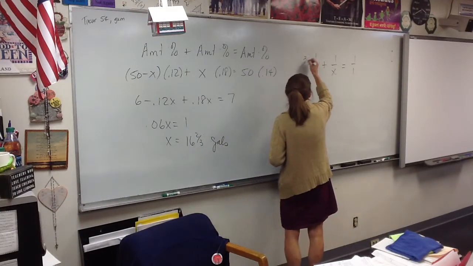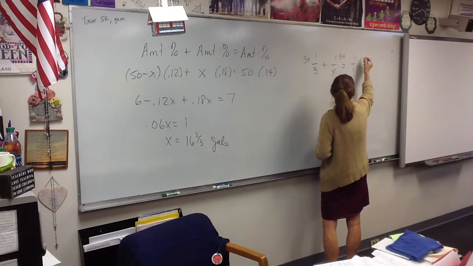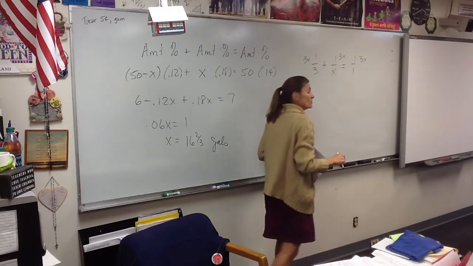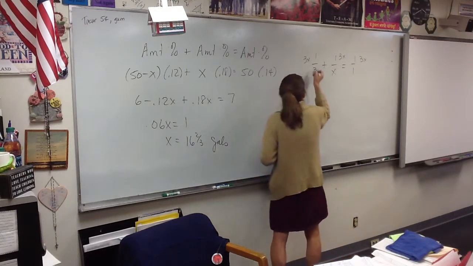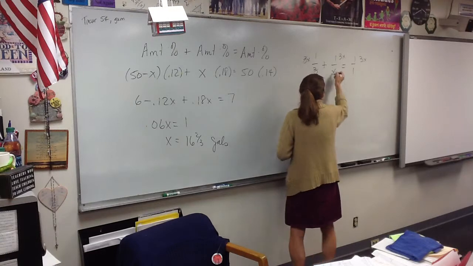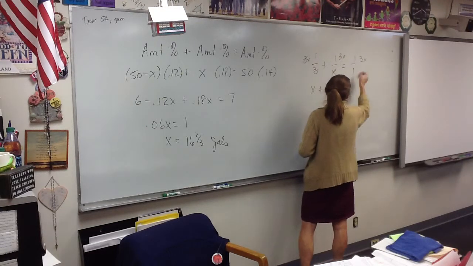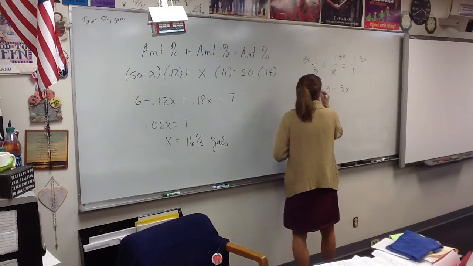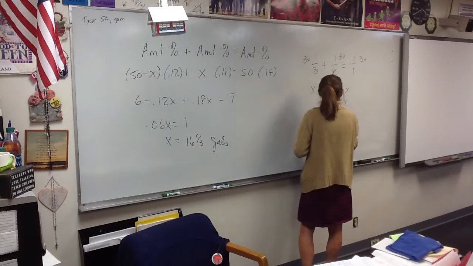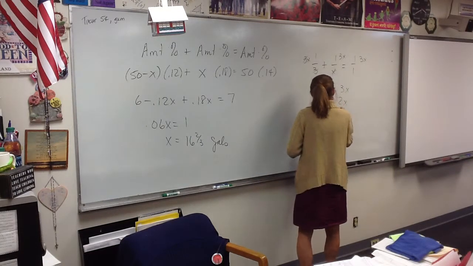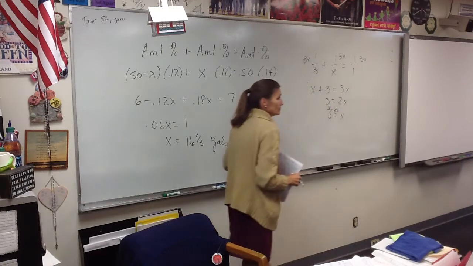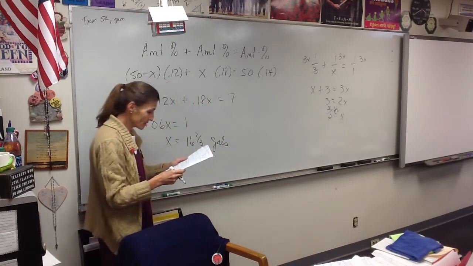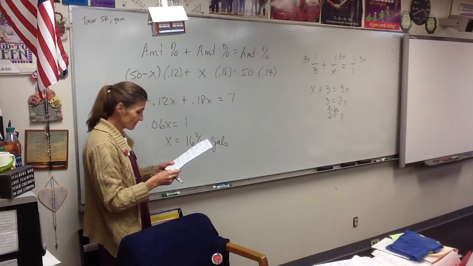Yeah. Multiply by 3x would be one way. You don't have to do it this way, but it's the way we've been doing it. So x plus 3 equals 3x. So how long does it take her to do it alone? 1.5 hours. Three halves, 1.5 hours.